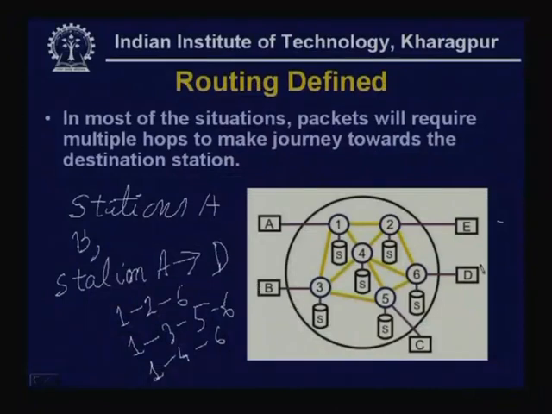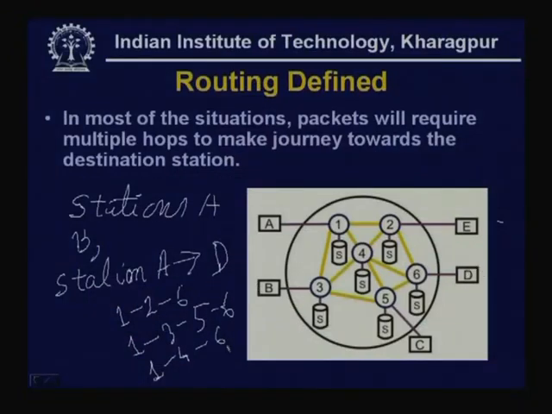The question arises, which route is optimal? At a particular instant a particular route may be efficient. In other words, it will be better to send through a particular route, and maybe at the next moment, because of node failure or congestion, that particular route may not be possible. So, we may have to send through an alternative route.